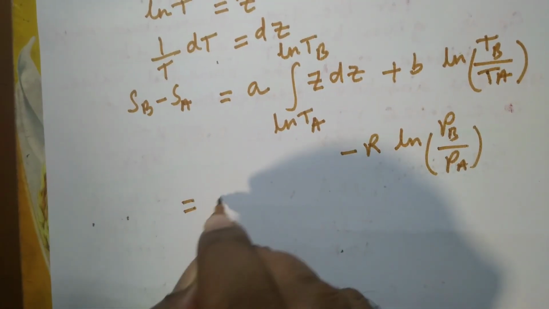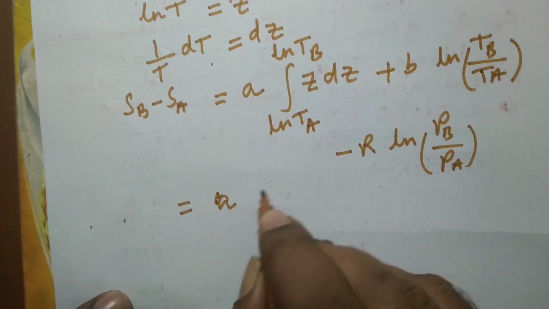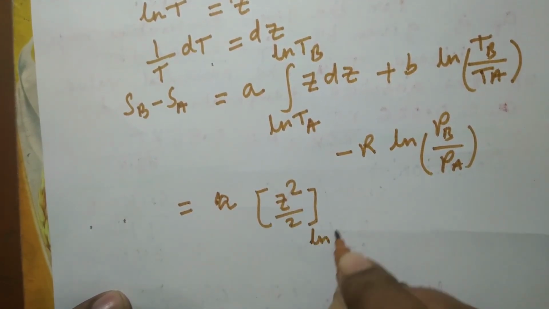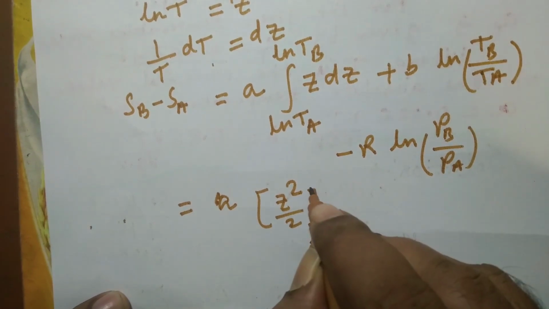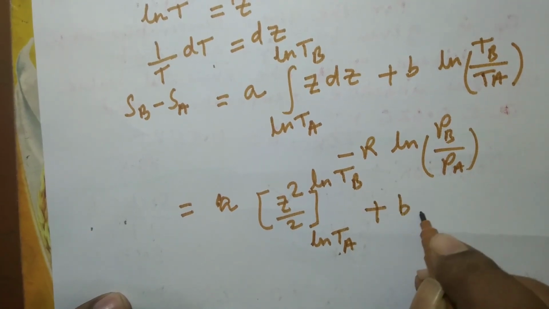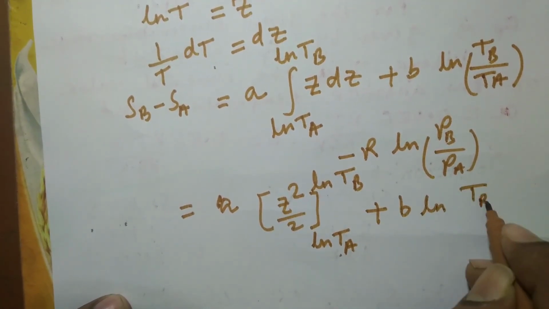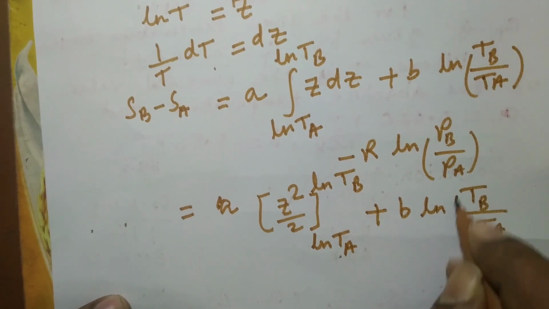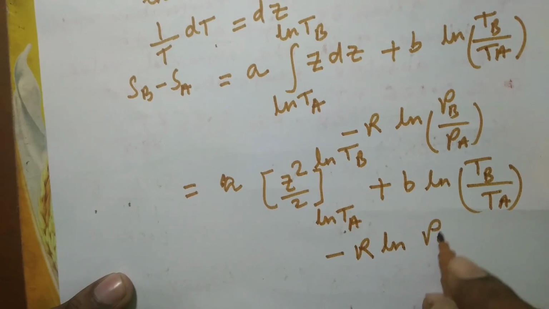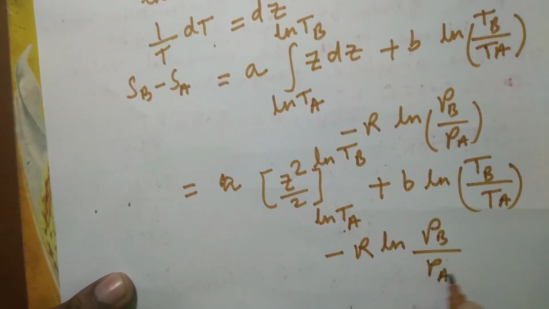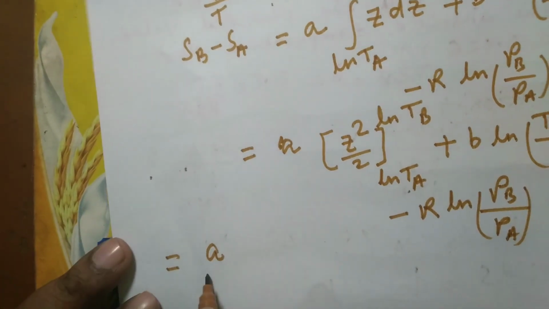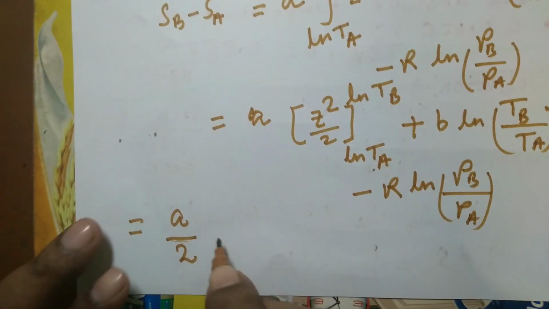So this is equal to A, Z square by 2, from ln TA to ln TB, plus B ln TB upon TA minus R ln PB upon PA. So this is equal to A by 2. 1 by 2 can be taken outside.